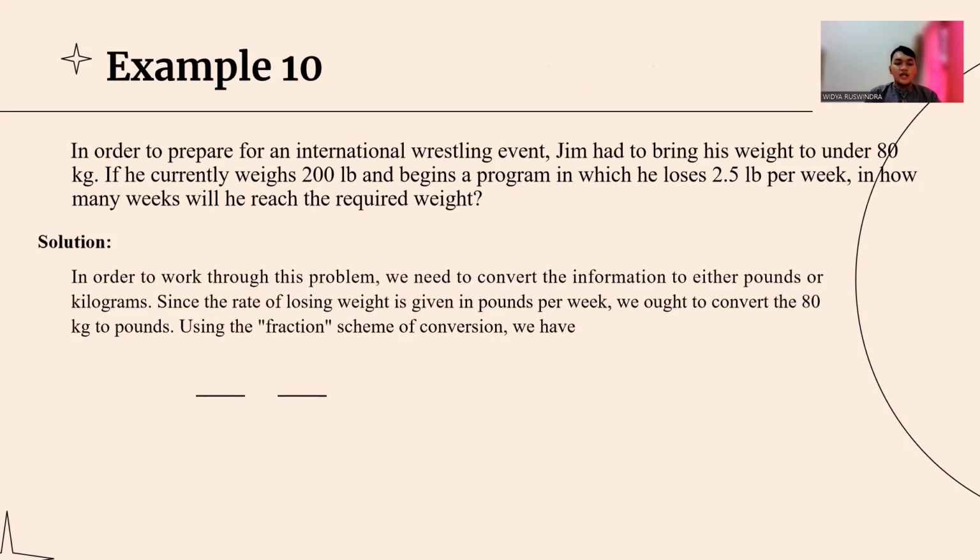Okay, this is a solution. In order to work out this problem, we need to convert the information to either pounds or kilograms. Since the rate of losing weight is given in pounds per week, we ought to convert the 80 kilograms to pounds using the fraction of conversion we have. 80 kilograms per 1 multiplied by 2.2 pounds per 1 kilogram equals 176 pounds.